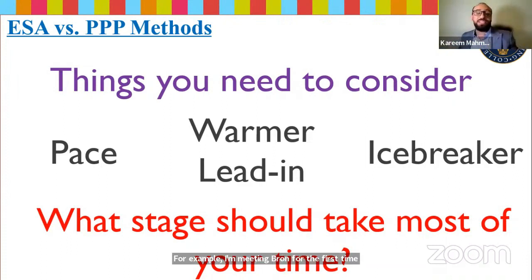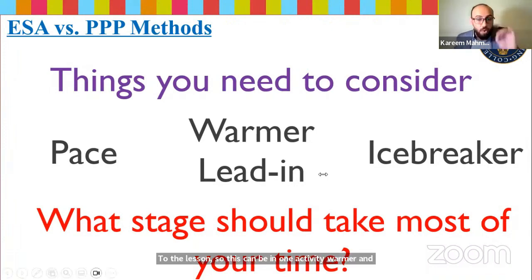But if I'm not meeting him for the first time, and we will always meet, like my students, I don't do the icebreaker. I can do the warmer and lead-in in one activity. The activity could be funny and also to the point, leading students to the lesson. So warmer and lead-in can be together in one activity.